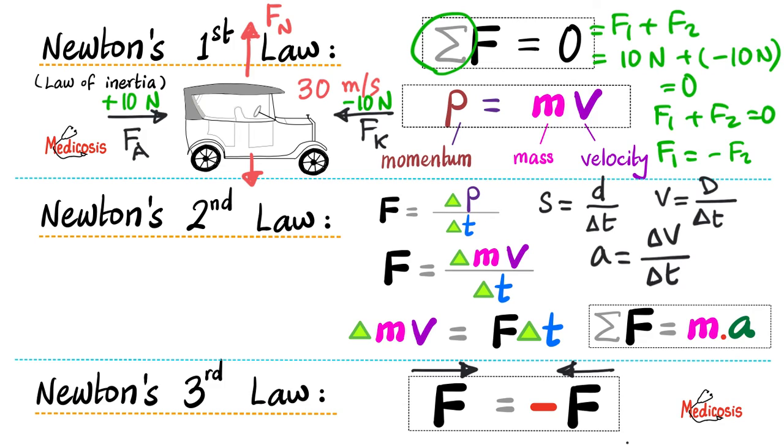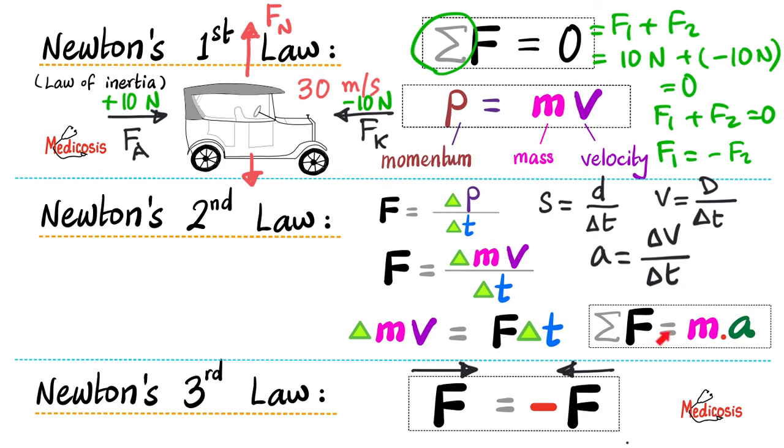Hence, it is harder to accelerate a truck versus a small car. The truck has a bigger mass, and that's why it accelerates less at a given force. So let's suppose that two equal forces are pushing a small car and a bigger truck.